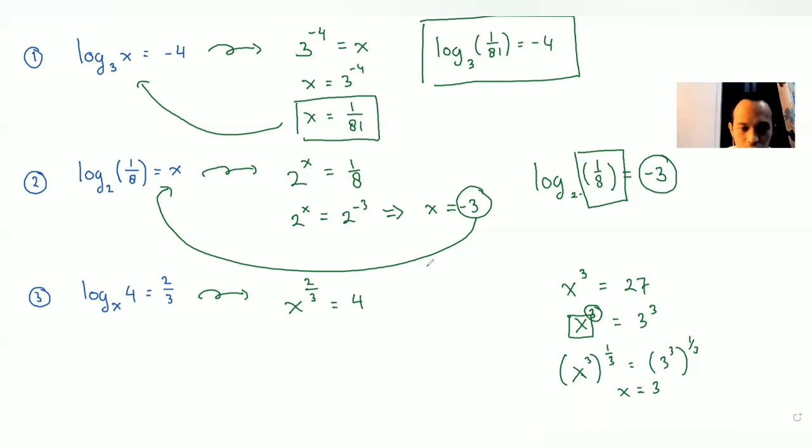So how about this one? Let's go back to the previous example. Since there is an exponent on the x, I need to make it 1 to solve this equation and find x. So how do I make the exponent become 1? I need to raise both members to the 3/2 power.